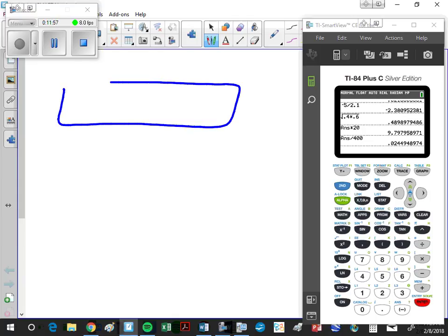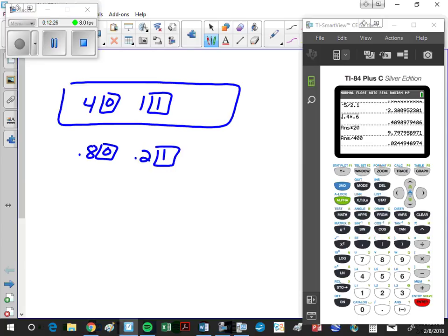How do we change this to represent just ones? 4 zeros and 1 one, because we don't want to add up the draws, we just want to count the ones. So a 2 gives us a score of 0, so we just add the 2 to the zeros. Or we could say 0.8 zeros and 0.2 ones. That's a better box to use, right? That one makes our life a little bit easier.